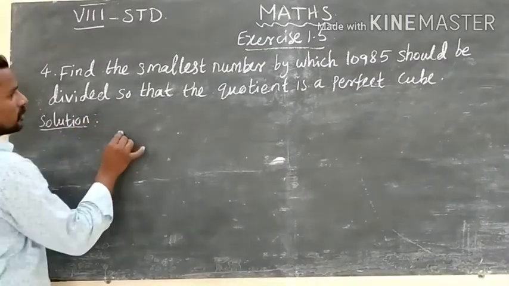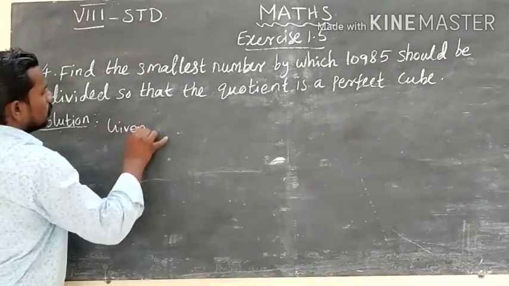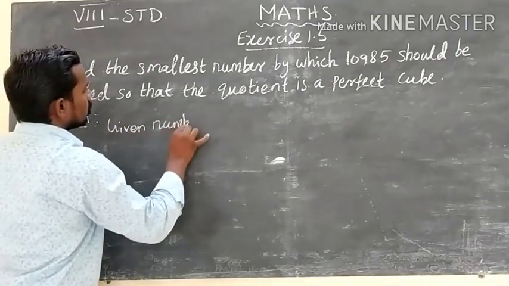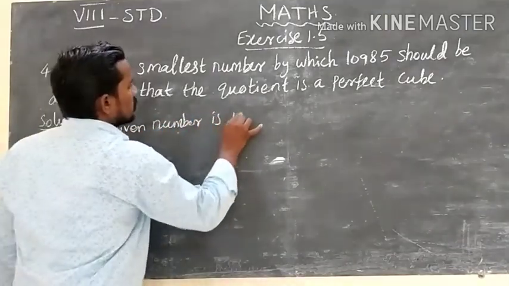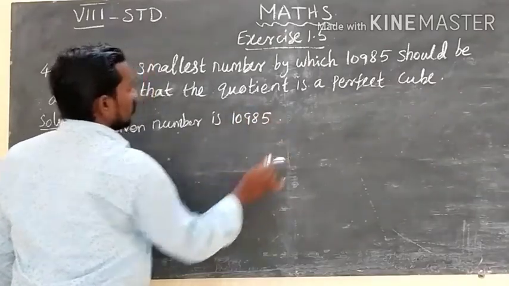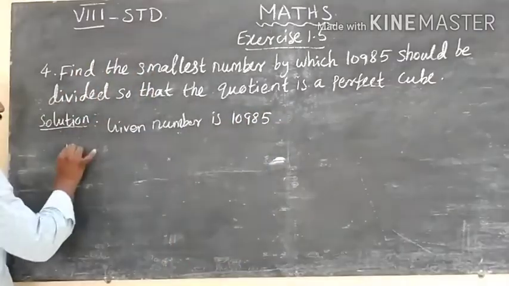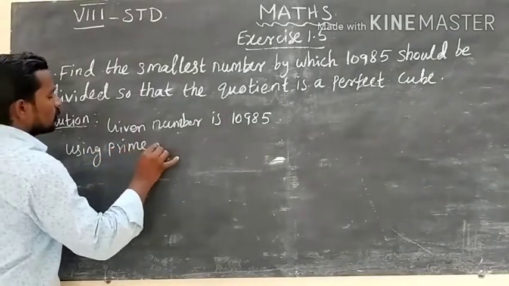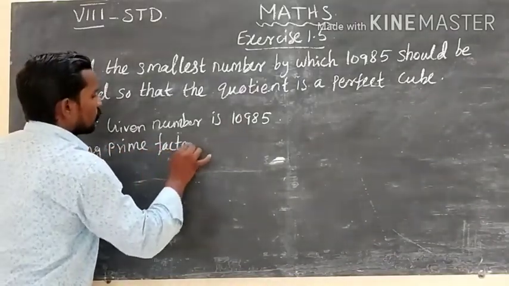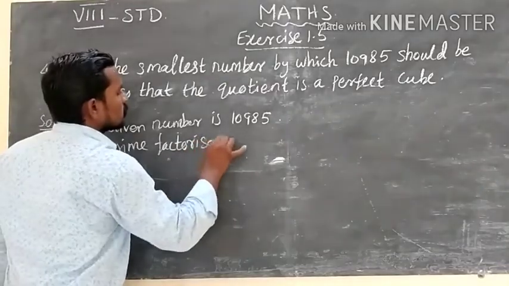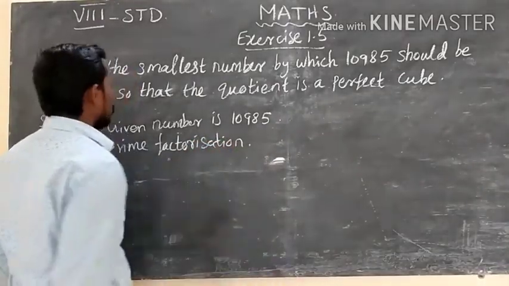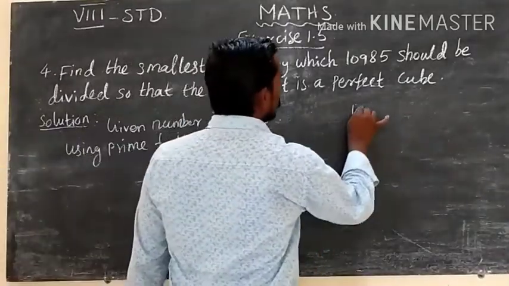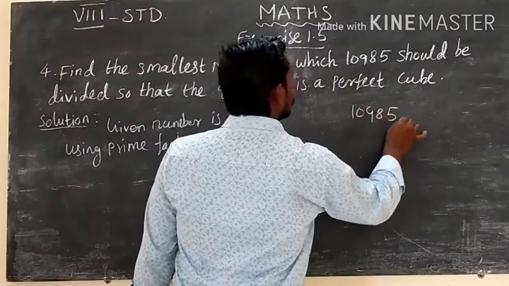The given number is 10,985. Here, using the factorization method, first find the divisors.